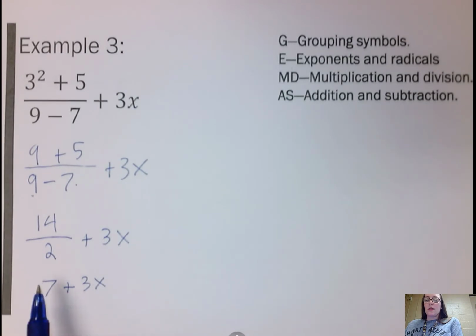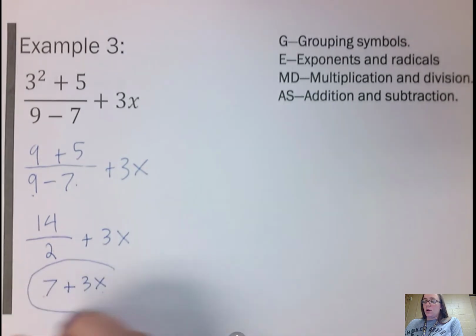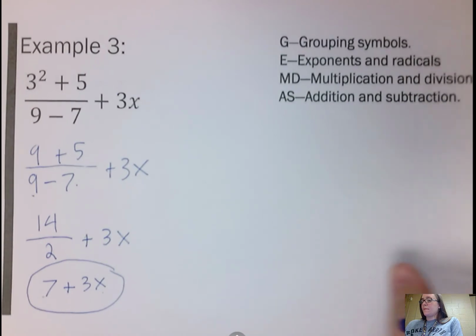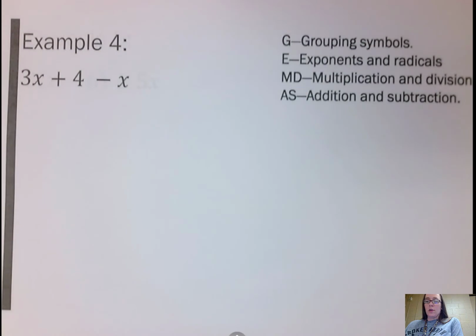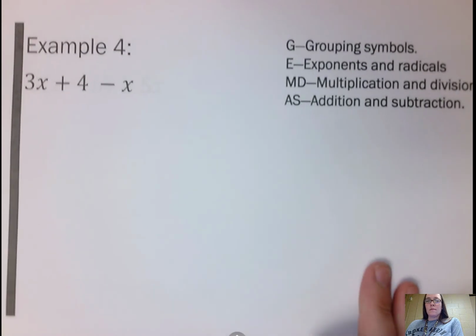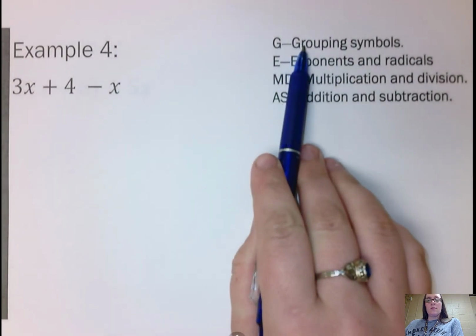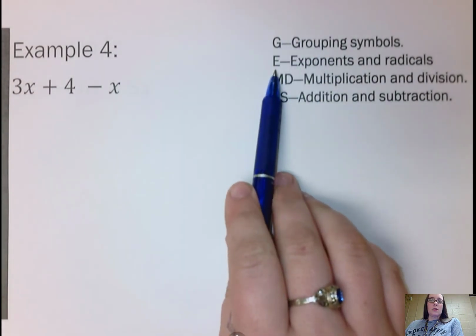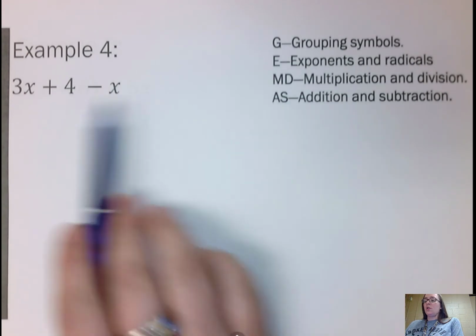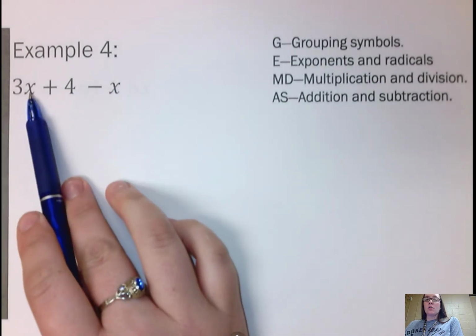Now, remember I talked back at the beginning, we have to have like terms. 7 and 3x are not like terms because 7 does not have an x on it. So this would be our answer. All right, we will look at one more. Notice I don't have any grouping symbols, don't have any exponents. I do have multiplication, but we're multiplying a variable, so we're just going to leave it as b.